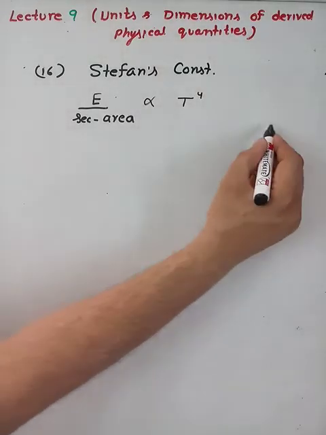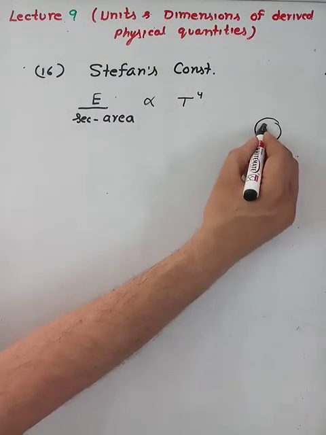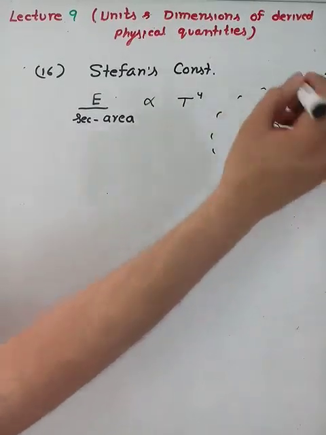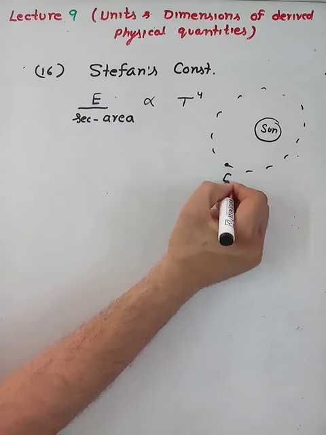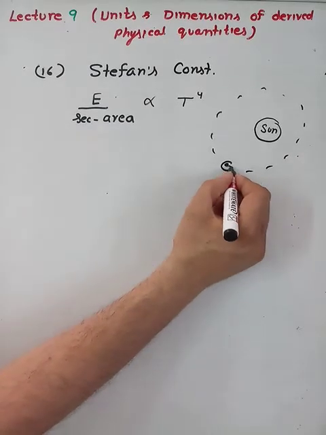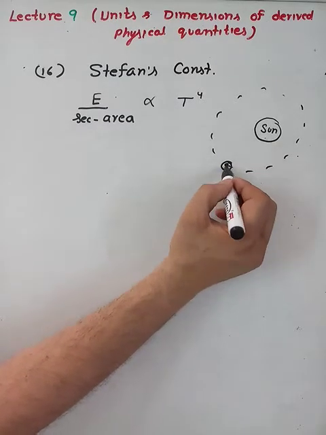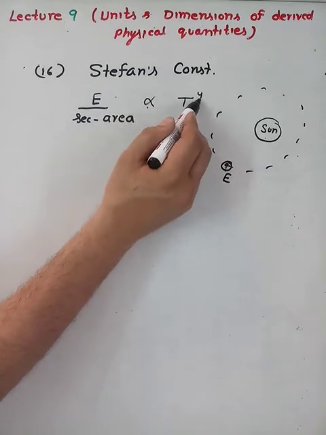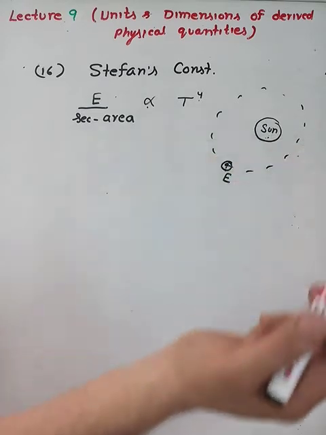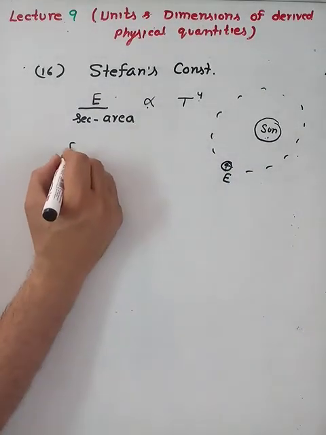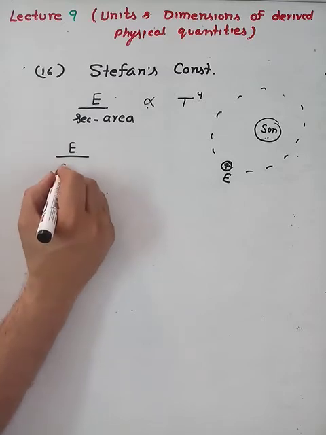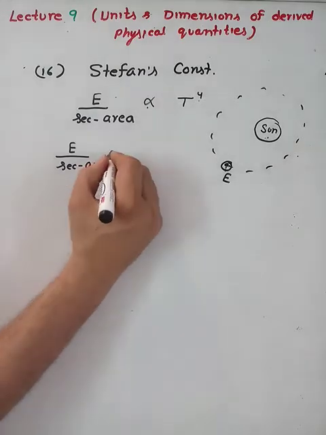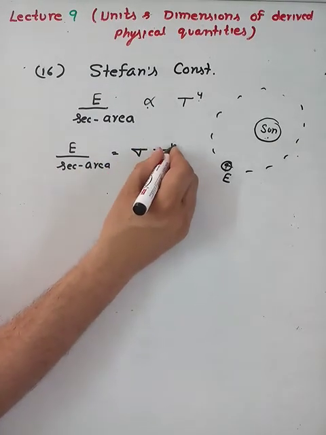That means we have any source, say for example the sun, and suppose this is the orbit of earth somewhere here. Now the energy received from the sun per second per unit area is directly proportional to the fourth power of the temperature of the sun, or energy per second per unit area is equal to sigma T raised to the power 4.